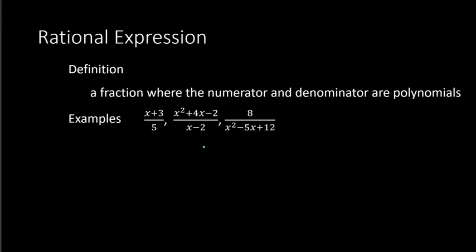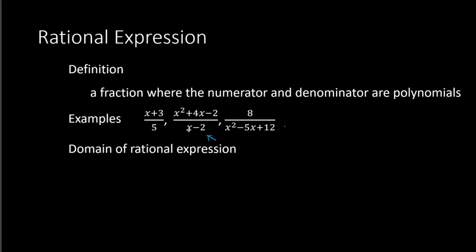Now, when dealing with rational expressions, be aware that we have what's called the domain of rational expressions, meaning what numbers can x equal. Typically x can be any number, except realize that the denominator can never equal 0. For example, right here, we have x minus 2 in the denominator.